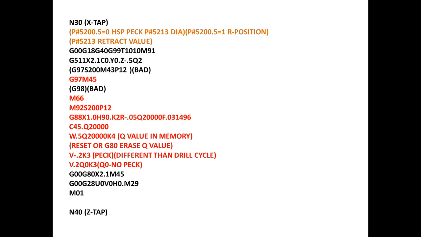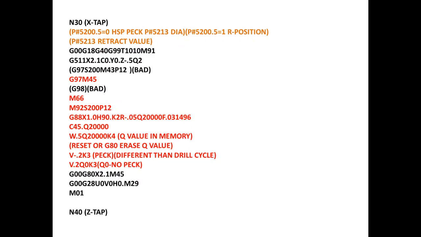And the next 3 lines from M66 and M92S spindle command, and in the Fanuc control you have to designate which spindle. P12 is the threaded 1 live tool spindle. You designate these 2, and the X live tool tapping is G88.